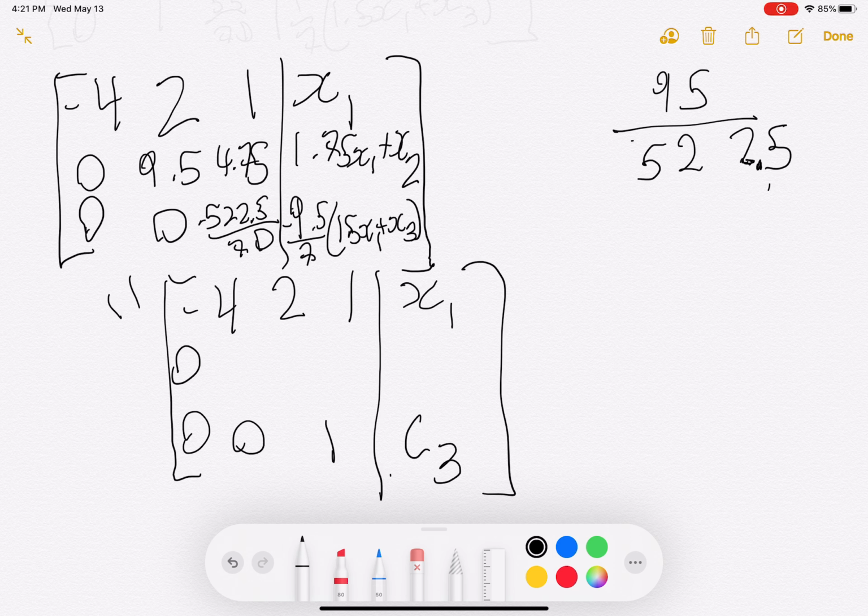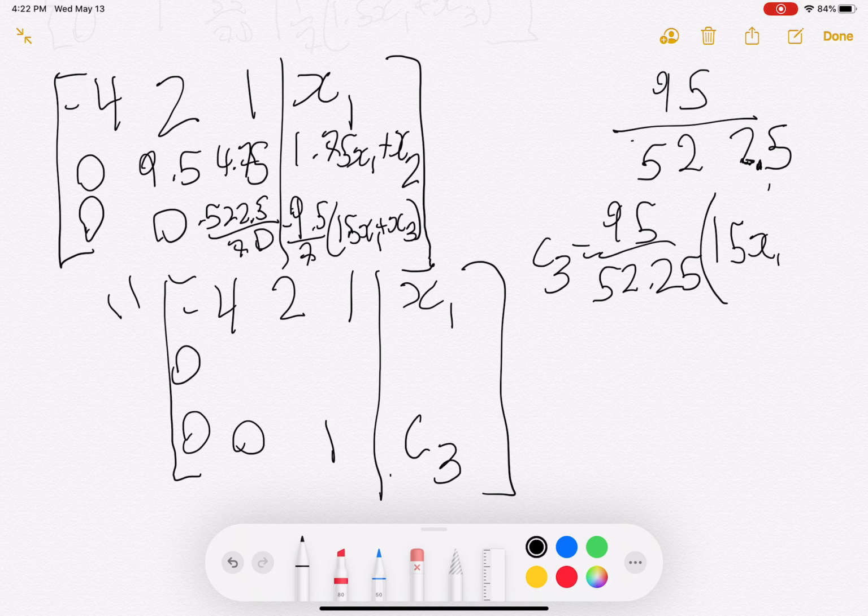So C3, we now know, is equal to, C3 is equal to, let's see, C3 is equal to 95 over 52.25 times 15 x1 plus x3.